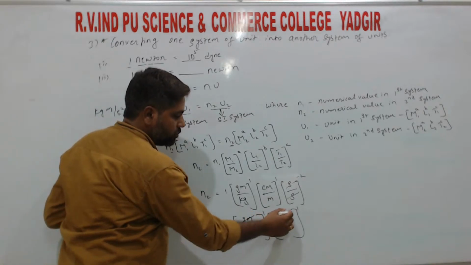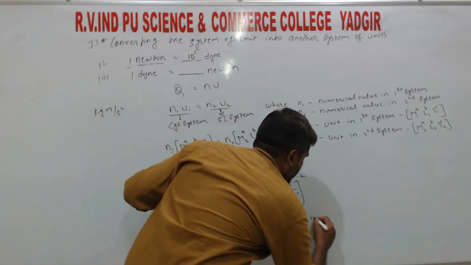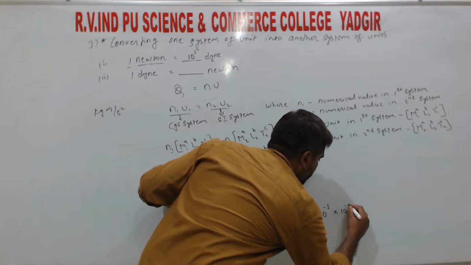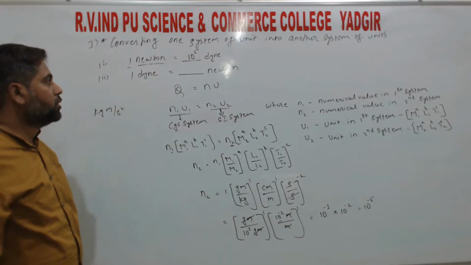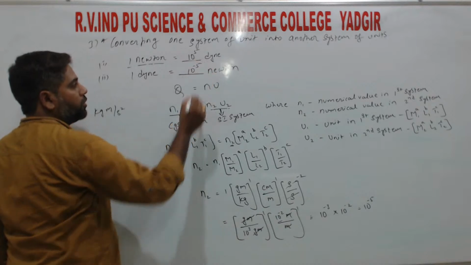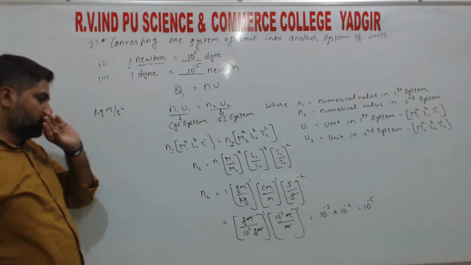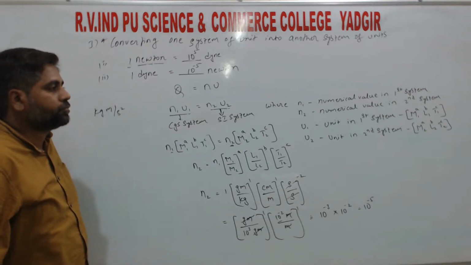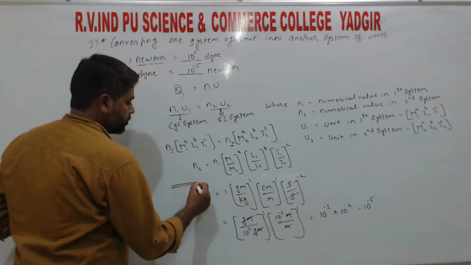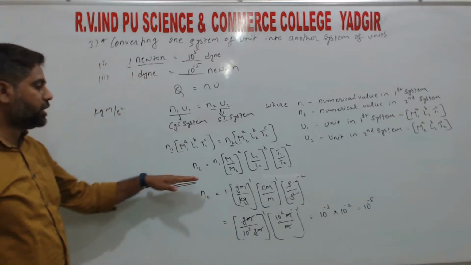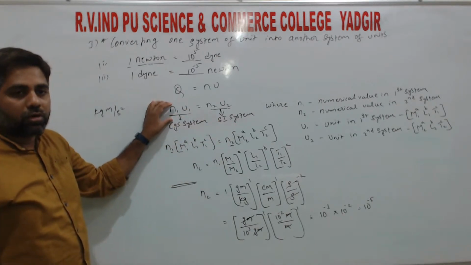So gram and meter get cancelled. 10 to the power of 3 is in the denominator, so in the numerator it becomes 10 to the power of -3 into 10 to the power of -2, so that is equal to 10 to the power of -5, right? So 1 dyne is equal to 10 to the power of -5 Newton. Up to here the method is the same for everything, right? We must know for sure which system we are taking.